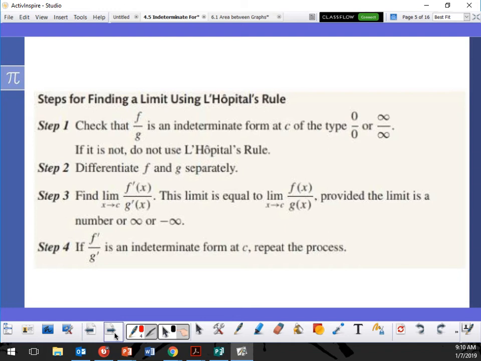Then take the derivative of top and bottom, and plug in the c value. If it's indeterminate again, take the second derivative, the derivative of the derivative, and you can keep doing it until you eventually get a real number. So it is going to work eventually.